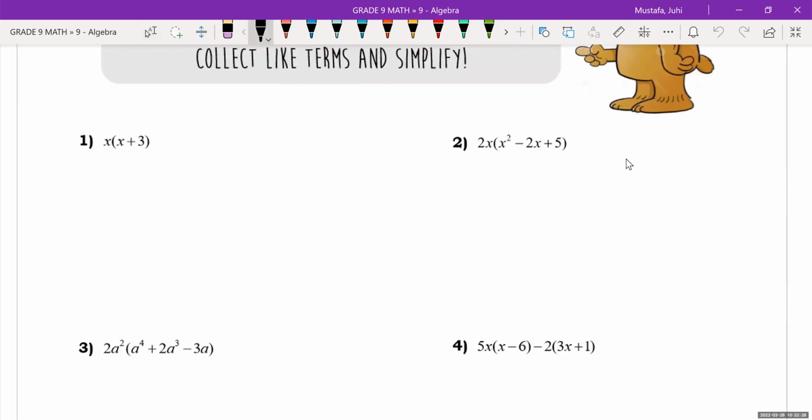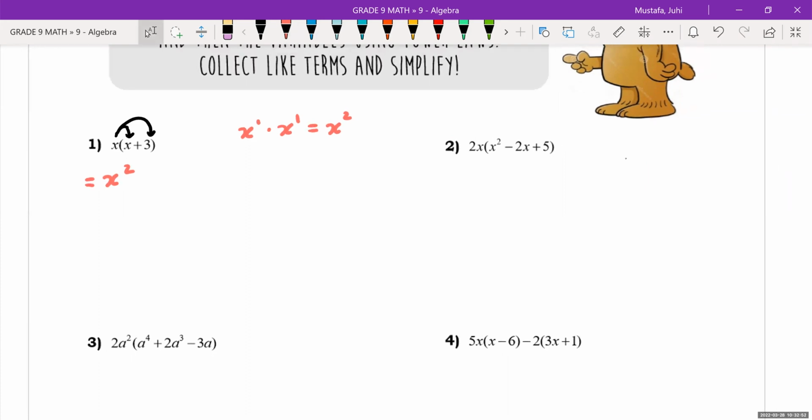If you take a look at the first example, we are first going to start by multiplying x times x, and then we're going to multiply x times +3. So using power laws, x times x, it's kind of like saying x1 times x1. The bases are the same. You add the exponents, and so you're going to get x squared.